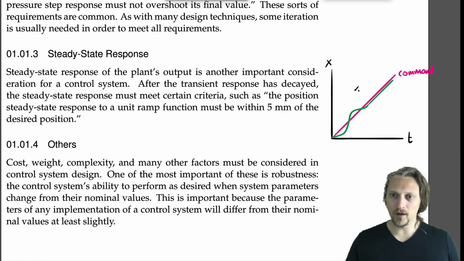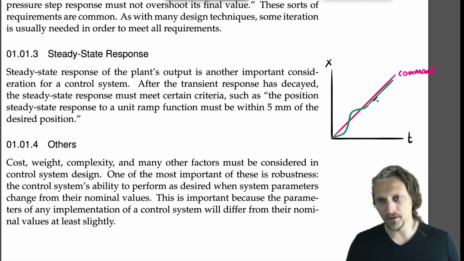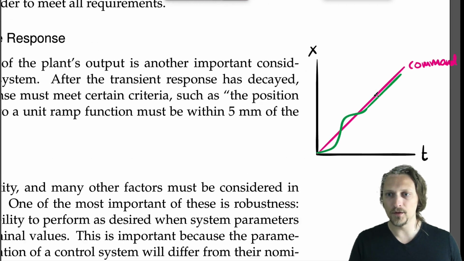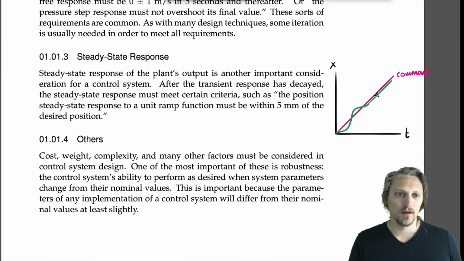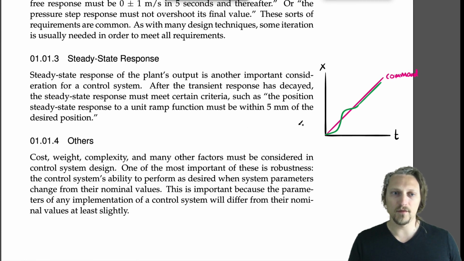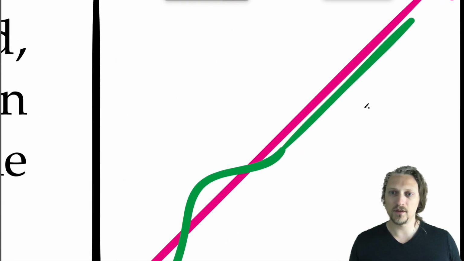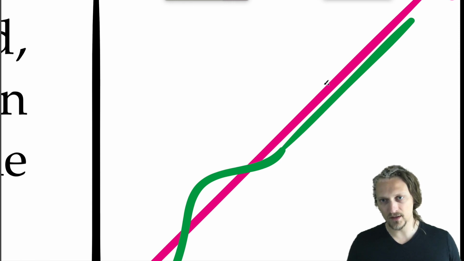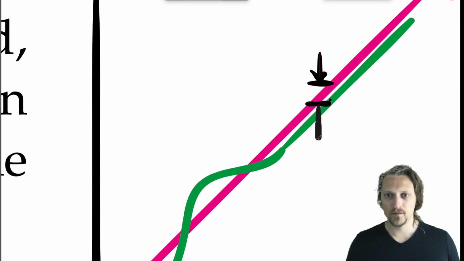So maybe it settles down to lag behind a little bit the commanded position. We want the distance between those to be, so steady state must be within 5 millimeters of the desired position. We want that steady state error, which is this distance here, to be 5 millimeters in this example.